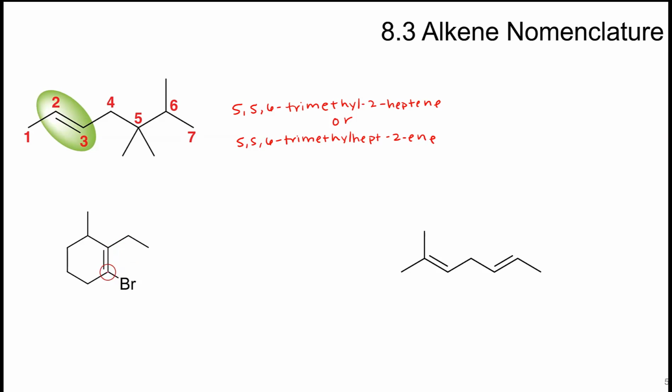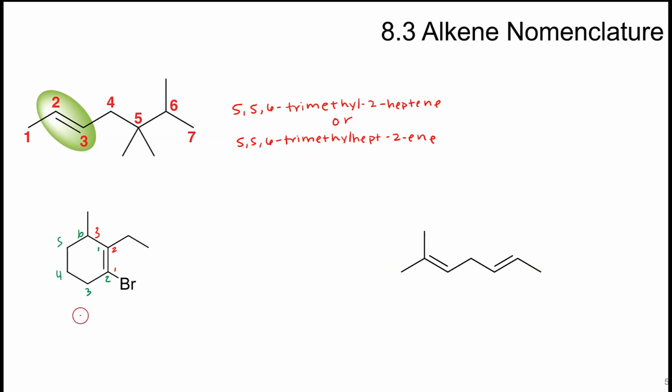If you have a cyclic structure, your carbon double bonds have to be between 1 and 2. If I start numbering with the 1 on the bromine, and that being 2, this allows the bromine, which is alphabetical, to have the lower numbering. Additionally, if I started this here, this would be 1, 2, 3, 4, 5, 6, which would be even lower than the 1, 2, 3.